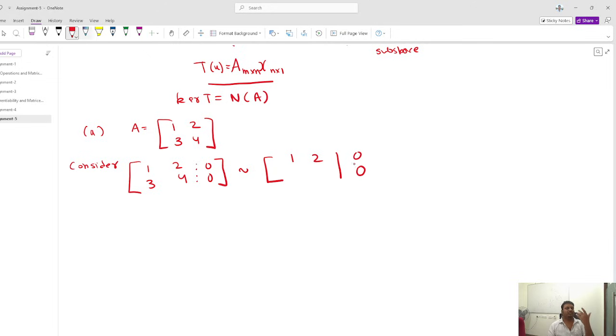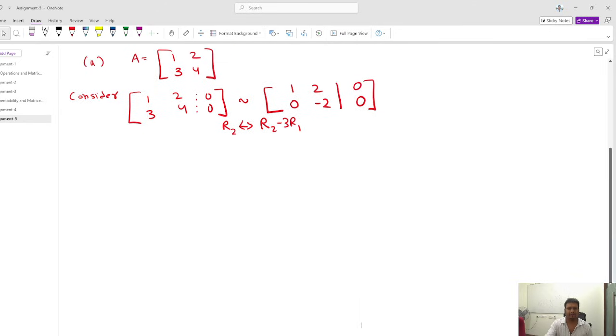There will be no change in the 0s on the right side of the augmented matrix whatever row operation you apply. So R2 changes to R2 minus 3 R1. If you apply this operation, of course you get 0 here, and 4 minus 3 into 2, that is minus 2. If you want, you can reduce further, but this is also sufficient.